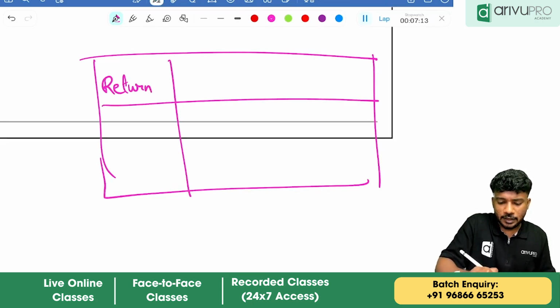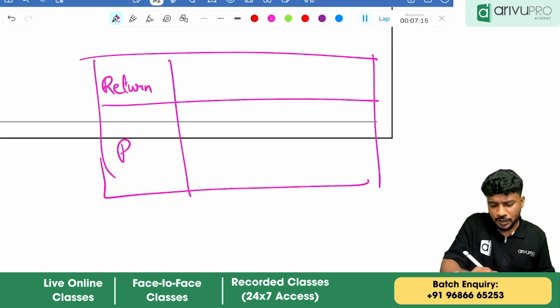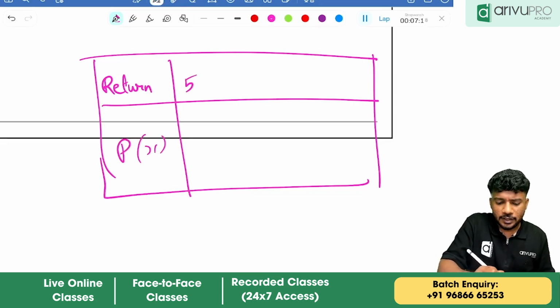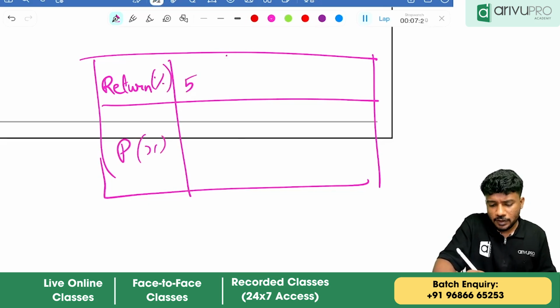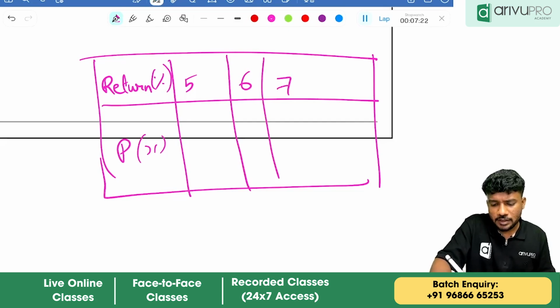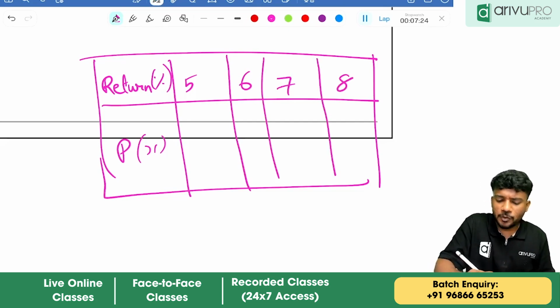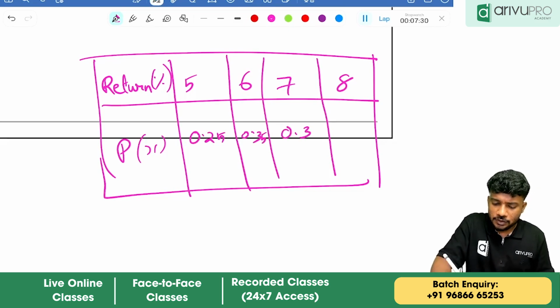Then corresponding probability or P of X is also given. Return is given in percentage 5, then 6, then 7, then 8. Corresponding P of X value is 0.25, 0.35, 0.3, then we will have 0.1.